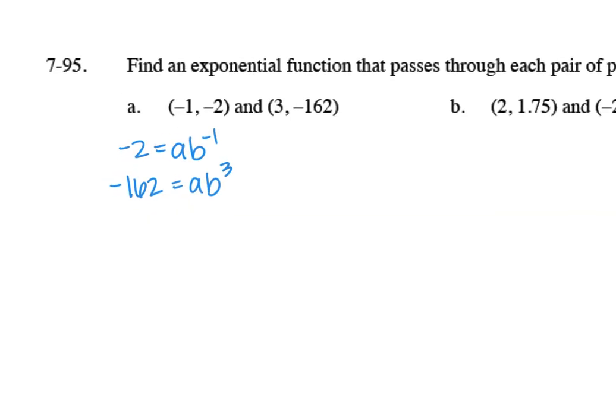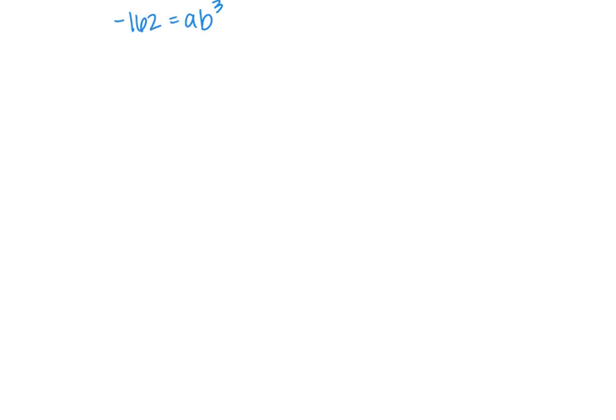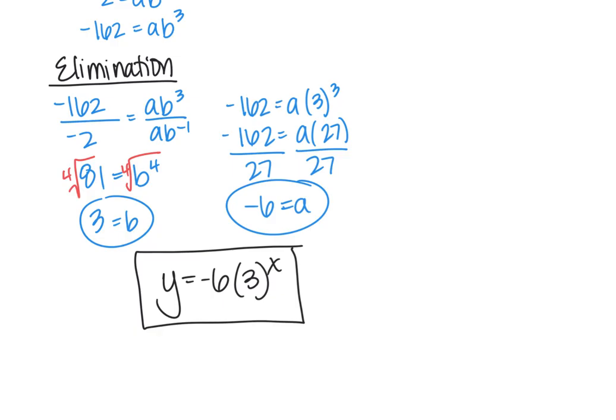All right, go ahead and start this process, and I want you to find the equation here. Go ahead and do that now, please. Pause the video so you have an opportunity to do that. All right, so hopefully so far you're doing well and you've gotten a value of 3 for b. From here, hopefully you got an a value of -6.